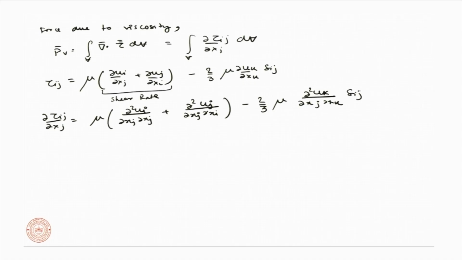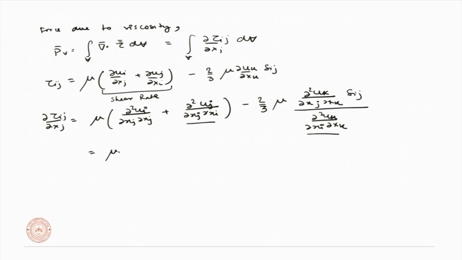ij. Okay. Now, if it is delta ij, then you can replace i with j, and this will become del square uk by del xi del xk. You can then combine this term with this term. You can see that j is repeating, in this case k is repeating, and i is the open index.